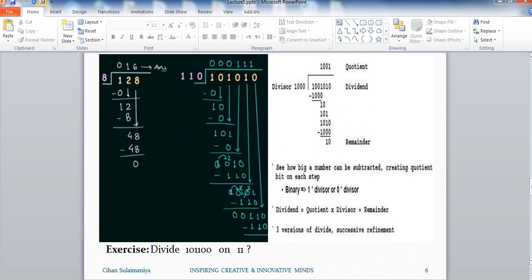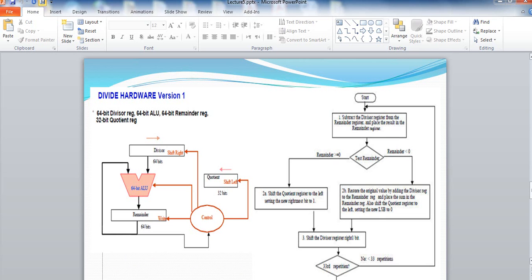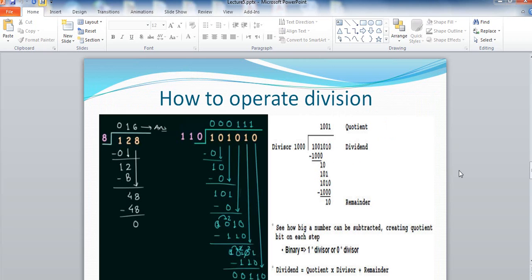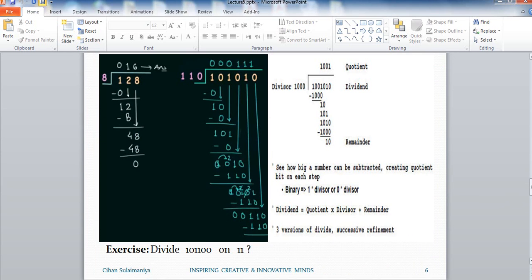Now let's go for hardware division, hardware version 1. As you see here, this is the divisor shifted to the left, so this is the divisor. This is exactly the same design as for multiplication, but see here, that's the difference.